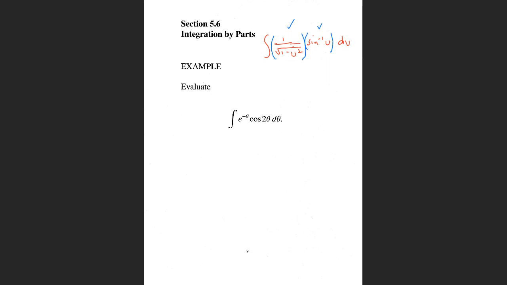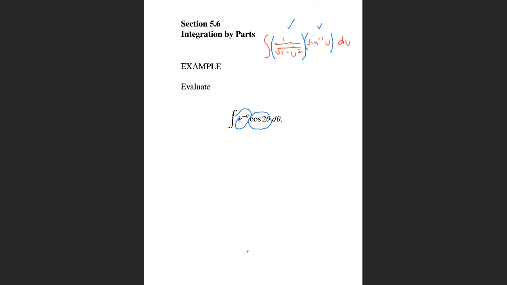We know the derivative of the arc sine is equal to 1 over the square root of 1 minus u squared. So that's why substitution worked there. However, in this problem, there is no direct connection between these two functions, e to the negative theta and cosine of 2 theta. So this is an example where integration by parts could help us.